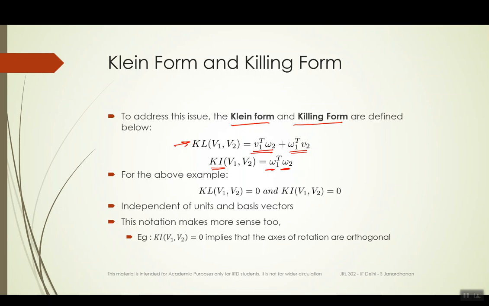If you solve the above example, you would see that even with a linear change in basis, the orthogonality condition remains if you define orthogonality using this. And the notation also makes sense. For example, if the Killing form is equal to 0, it means the axes of rotation in the two cases are orthogonal to one another.